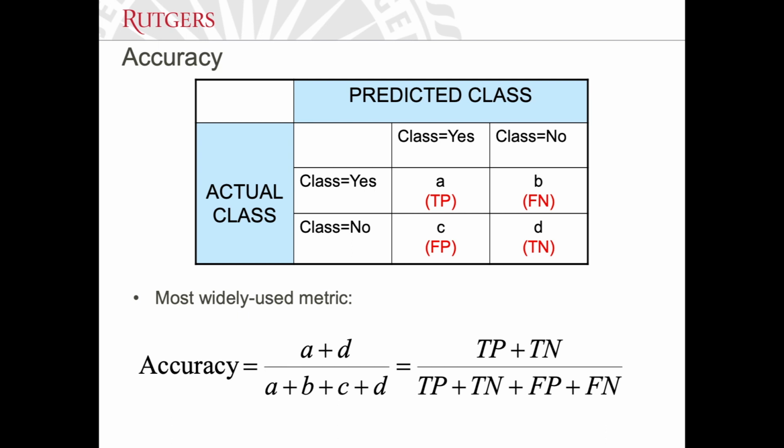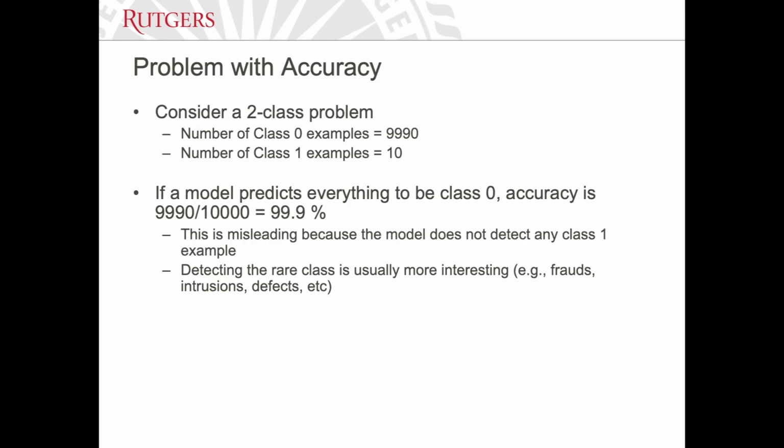But sometimes the accuracy rate could be misleading when dealing with an imbalanced dataset, meaning the class distribution is very skewed. For example, less than 1% of credit card transactions are fraudulent. Then a model that predicts every transaction as legitimate has an accuracy of more than 99%, even though it fails to detect any of the fraudulent activities.